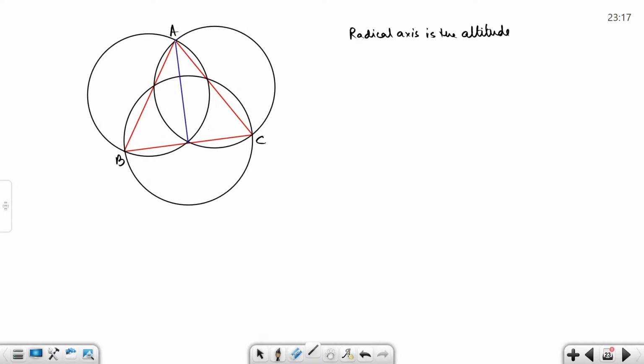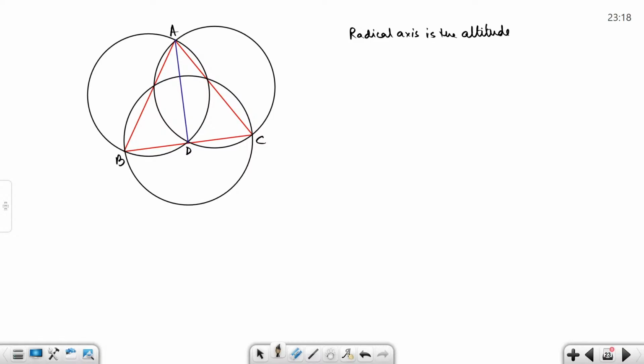Let me give it a name, let us say this is D. Now if we can prove that this radical axis AD is perpendicular to BC, then we have proved that the radical axis is nothing but one of the altitudes of this triangle ABC. Similarly, we will prove the other radical axes are the altitudes of the triangle ABC.